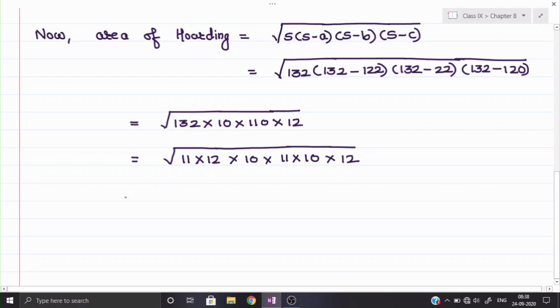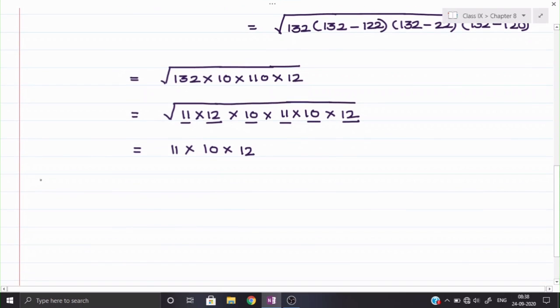Now see how easily the task is over. How many 11s do I have? Two 11s, which means a pair of 11 is complete, so one 11 will come out. Similarly, one pair of 10 is also complete, so 10 is also coming out, and in the same way one pair of 12 is also complete, so 12 is also coming out, and none of them is remaining in the square root. So the square root symbol gets over.